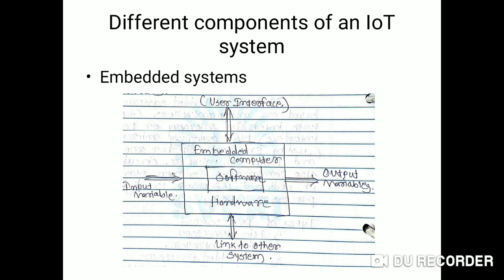First are general purpose processors. In these general purpose processors, you can find microprocessors, microcontrollers, embedded processors, digital signal processors and media processors. The second one is the application specific system processor, that is ASSP, and the third one is the application specific instruction processor, that is ASIP.